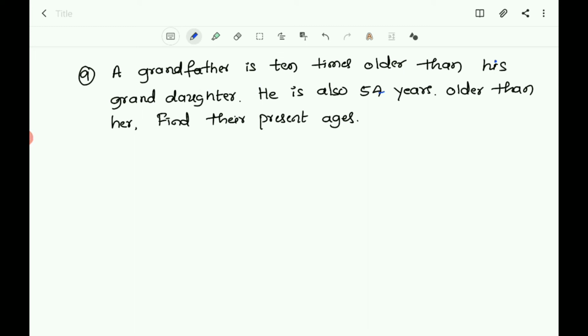Then take the 9th question. A grandfather is 10 times older than his granddaughter. He is also 54 years older than her.